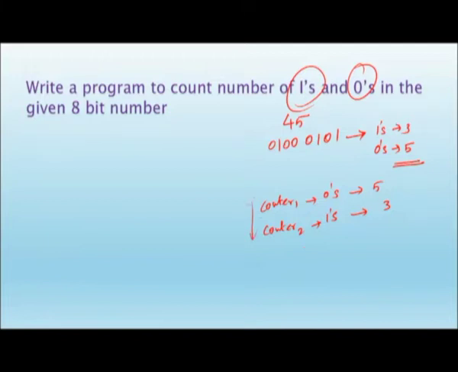Then I start the process, but when will the loop exit, or when will the counting stop? I have to initialize one more counter, counter 3, for the number of data bits, 8. I want to count ones and zeros only for the 8 bits, so I initialize that counter. Totally 3 counters have to be initialized based on your requirement, with the maximum values.